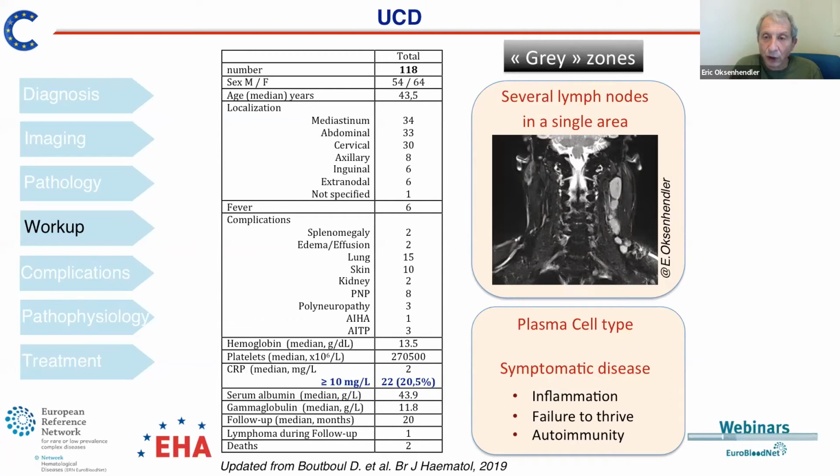And the second gray zone relates to the patients who do not have the classical hyaline vascular type, but rather the plasmacytic type or a mixed type. And in such cases, we often have symptomatic disease with inflammation, failure to thrive in children, or autoimmunity.